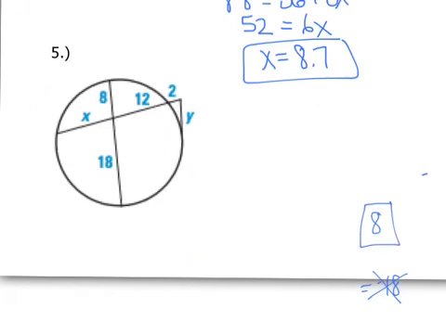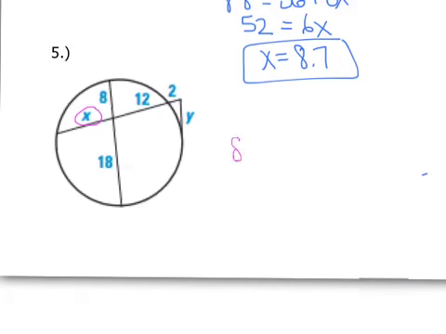Alright, the very last thing that we are going to do is an example where we kind of put the two different theorems together. We need to find the values of x and y. Notice on the inside you have 2 chords. So I'm going to start off by finding the value of x, and to do that, remember, we're going to take the 2 parts, multiply them, equal to the 2 parts, multiply them.